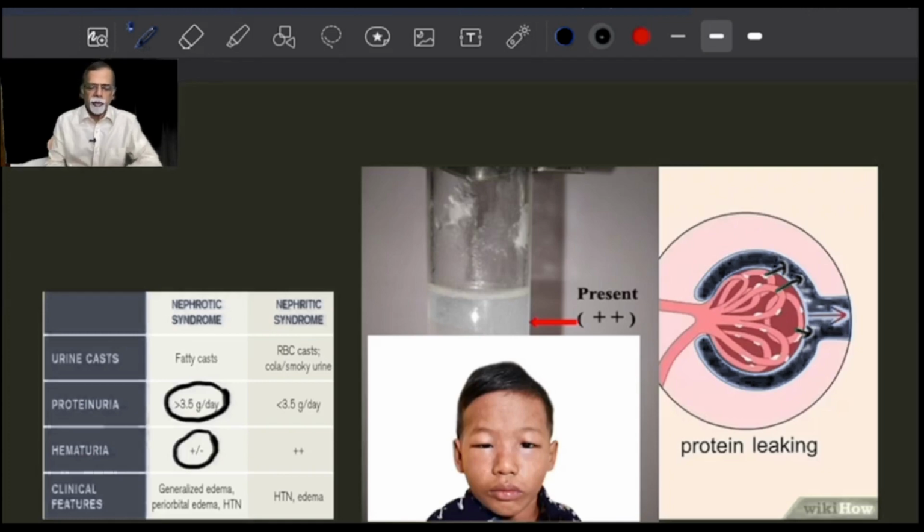Normally this is not happening, and the urine here shows, the heat test shows a cloudy urine, meaning that protein is present, and the patient has puffiness of the face, especially periorbital edema. You can see around the eyes there is puffiness.